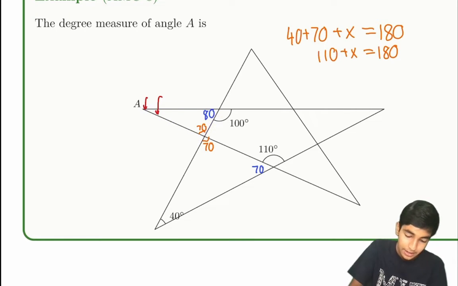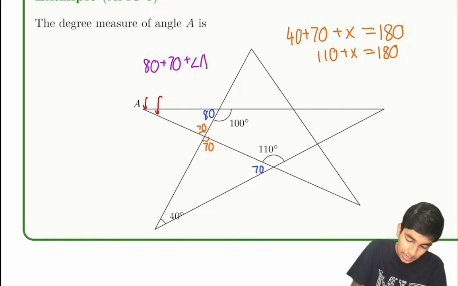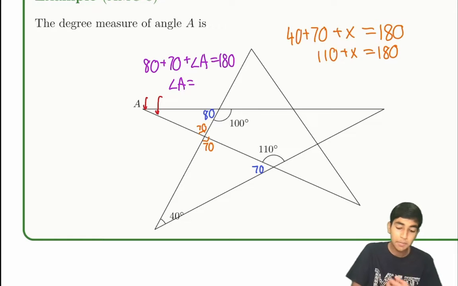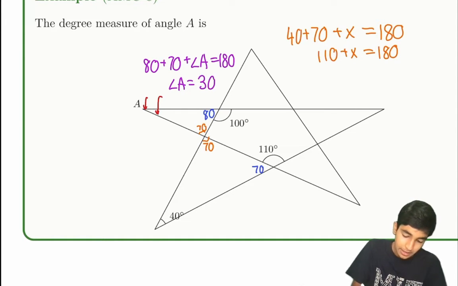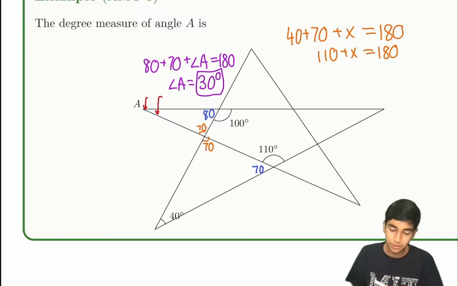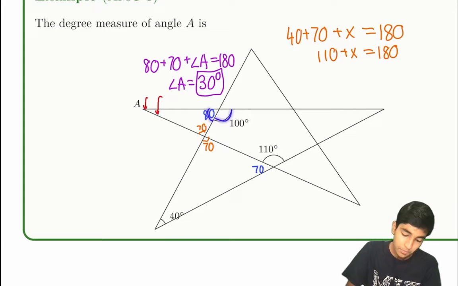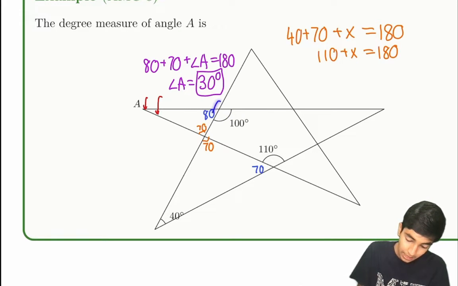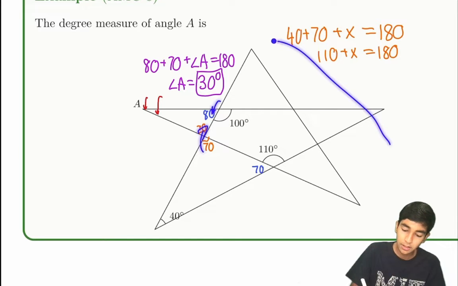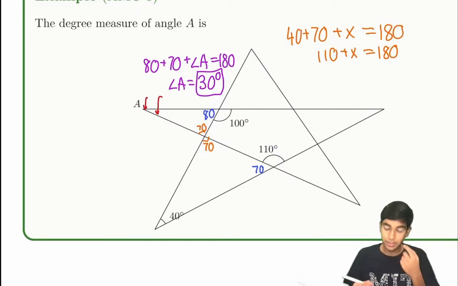So we have 80 plus 70 plus angle A is 180, or angle A is 180 minus 150, which is 30. So 30 degrees is going to be our answer. The key idea was just using the information, finding other angles based on that, and then aiming to find the angles closer to A, and realizing that you don't have to find every single angle in the diagram.